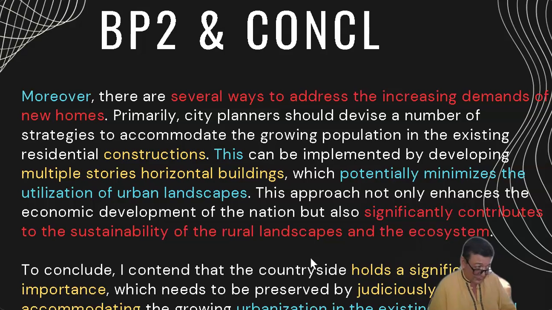To conclude, in conclusion, I contend that the countryside holds a significant importance. Perhaps it does, but does it override the importance of people having places to live, which needs to be preserved by judiciously accommodating? Now, here you've used accommodating incorrectly. Accommodating means give concessions to, and that's not mentioned.